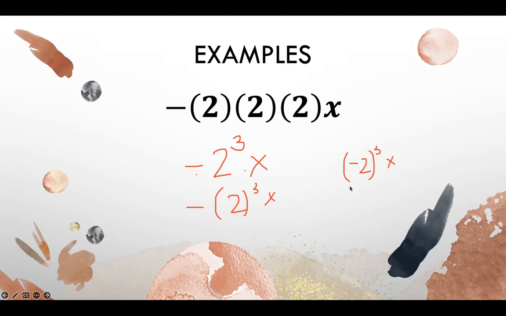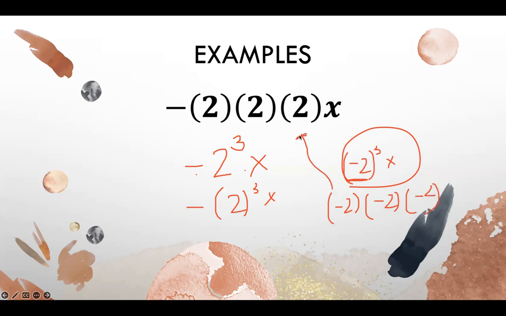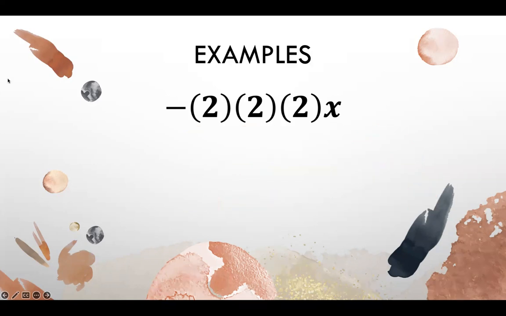Because if you answer this one, negative 2 is your base here, which means it will become like this, which is not our expanded form, right? So the only number or base in our original number is 2. That is why negative is not included in the parentheses. So I hope you got it.